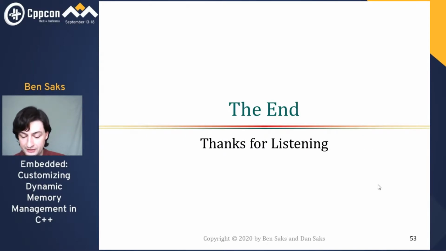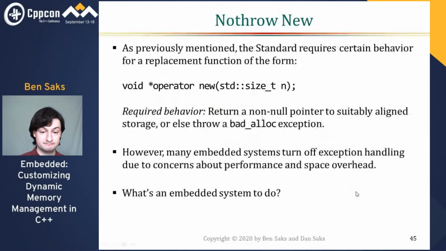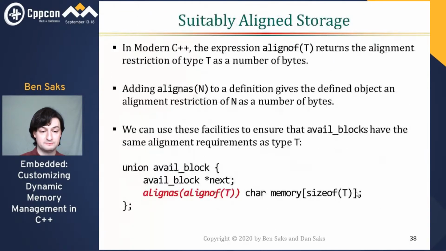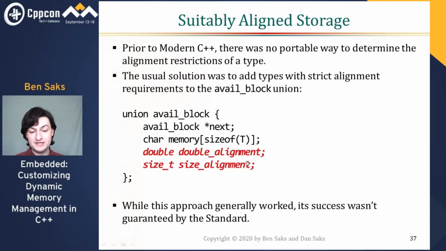Okay. The question: isn't a union taking care of alignment requirements? What I was showing back here, including these elements in the union, the double and the size_t, makes sure that this available block is aligned in such a way that it has alignment suitable for a double or suitable for a size_t.